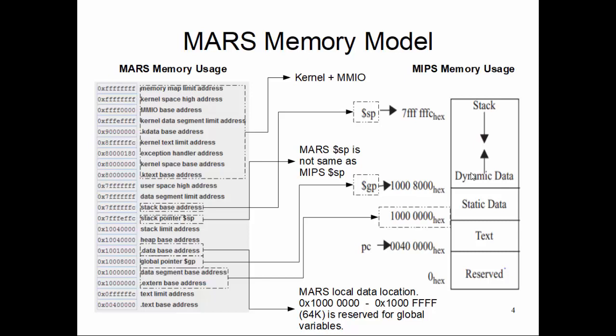What it means is that the data section you are setting up, or extern, meaning any external variable coming from other modules, will span this entire 64 kilobyte area, starting from 100,080,000.